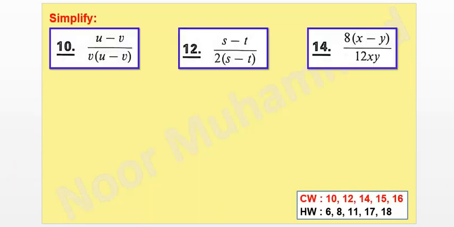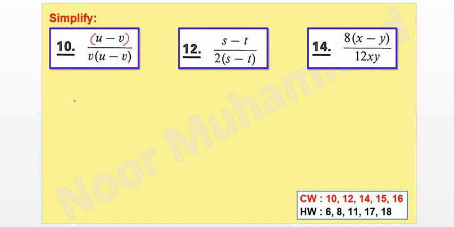Now let's start questions from the exercise. Here, okay, for yourself, you can put a dot over here to show that these are the two factors, or simply you can put the multiplication sign between them. If you leave this u minus v as it is, then they will be considered as two terms. So if you want to think of it as a factor, you put both of them in one bracket, right?